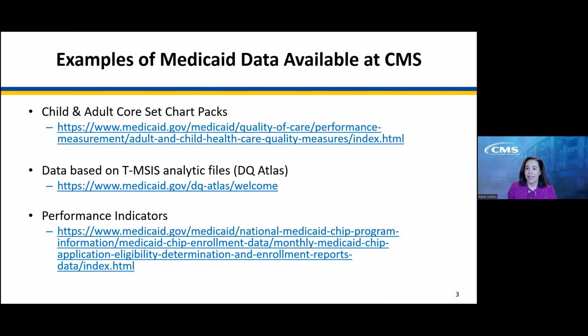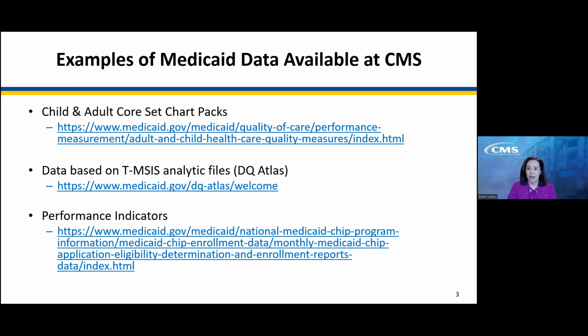I know you all have a handout, but one of the things that I wanted to just highlight are some of the Medicaid data available at CMS that I like to go to. So the child and adult core set chart packs have a lot of information about healthcare quality measures that are voluntarily reported into CMCS each year. We have tons of data based off of the T-MSIS analytic files through something called the DQ Atlas.